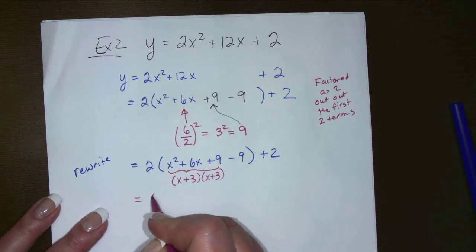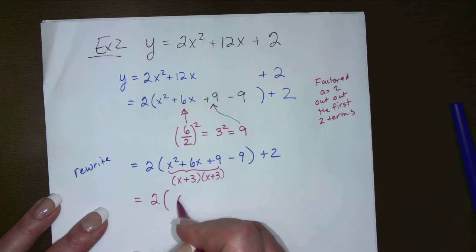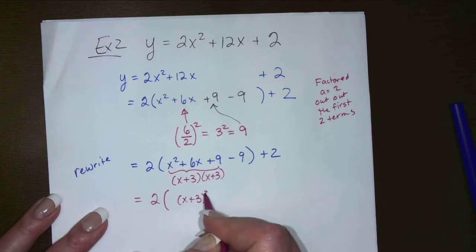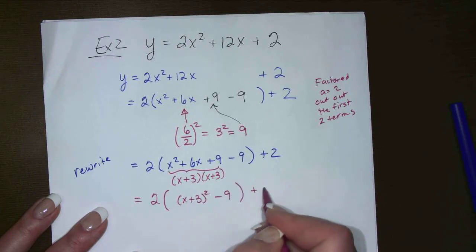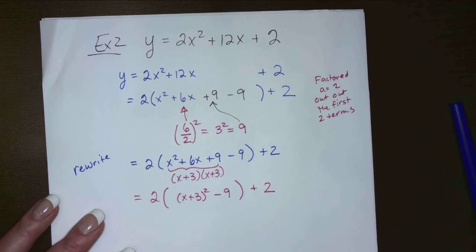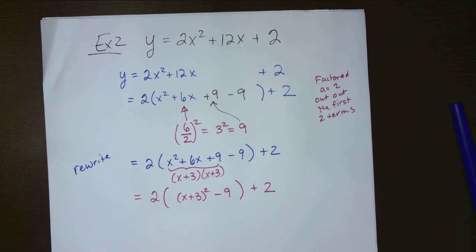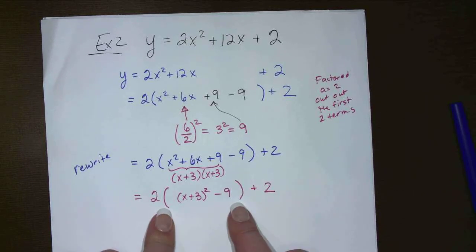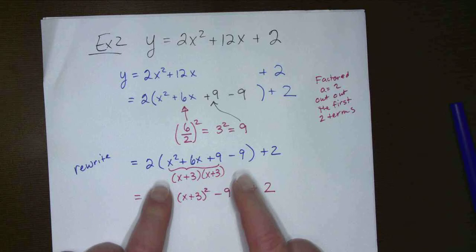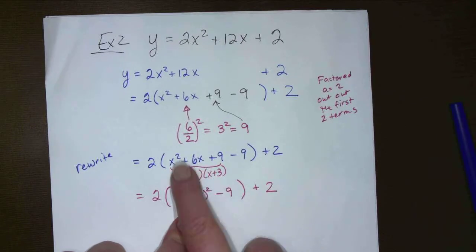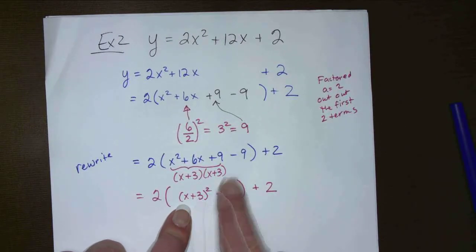So when I rewrite it, very carefully, I just made that bracket exaggerated so you could still see it. That's around the whole thing. This one I factored. The minus 9 is still there. That wasn't part of the factoring.